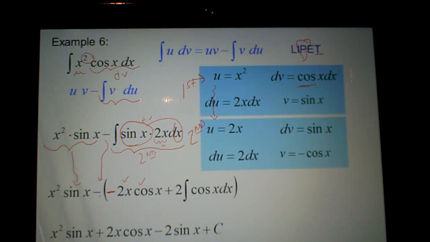Distributing this negative here gave me my positive 2x cosine x. Distributing this negative here gave me negative 2 times the antiderivative of cosine x, which is sine x, and then my plus c.